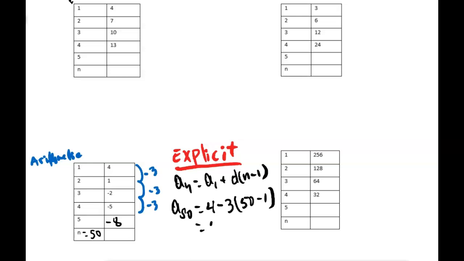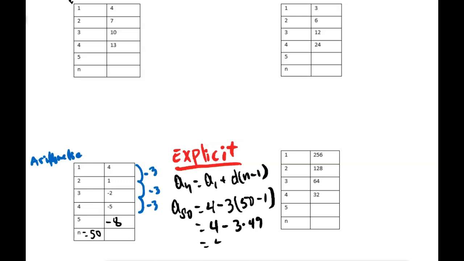That is 4 minus 3 times 49. 50 minus 1 is 49, and 3 times 49 is 147.